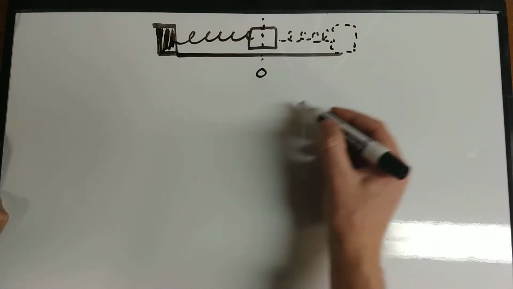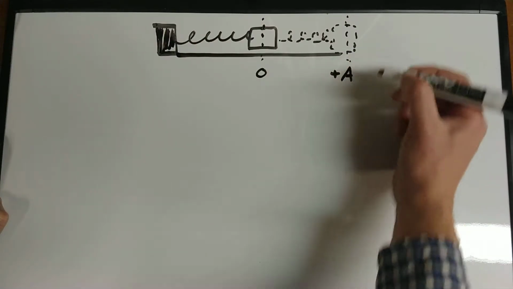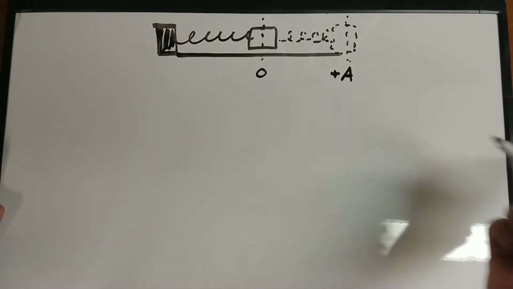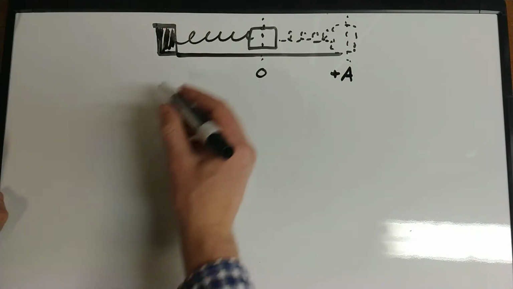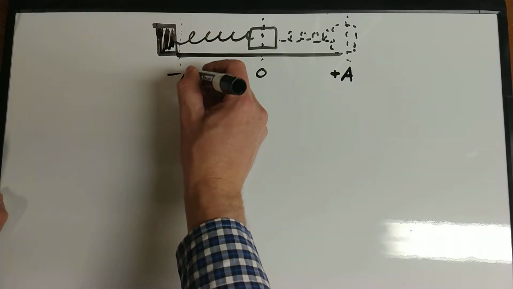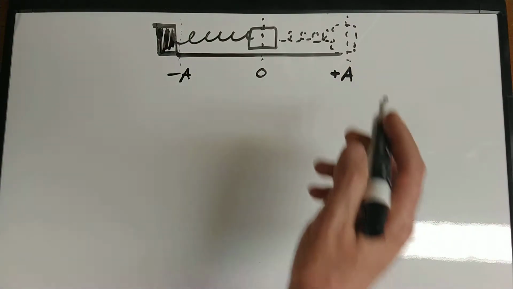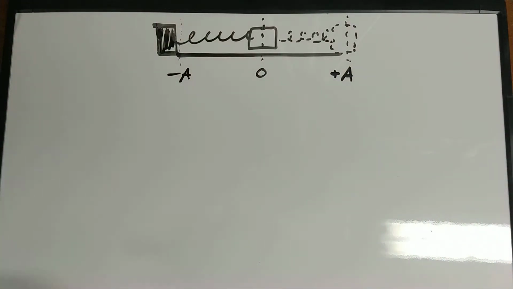Equilibrium position's right here. We displace it to some x max. On your worksheet, it's positive A. That's just a positive position. This is a one-dimensional oscillator. Over here, we're going to call negative A. And what we're going to do is find the acceleration of this object as it moves.